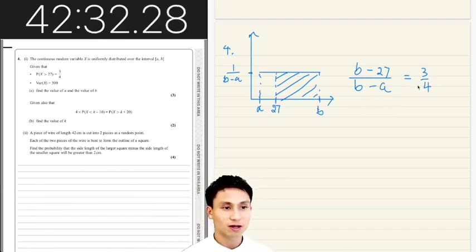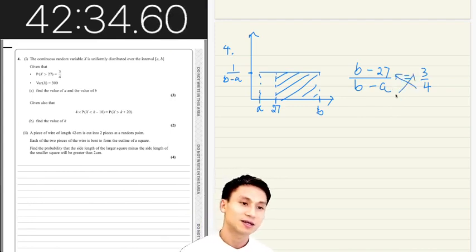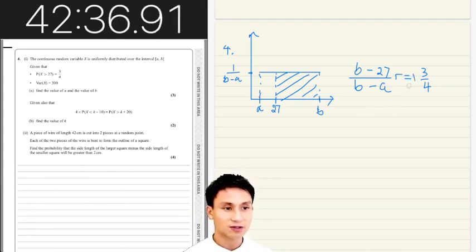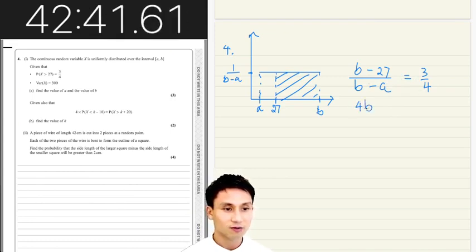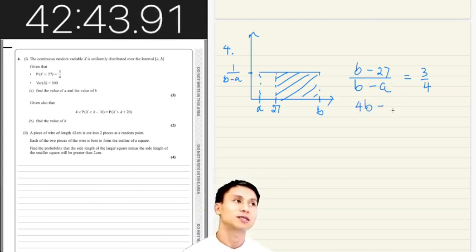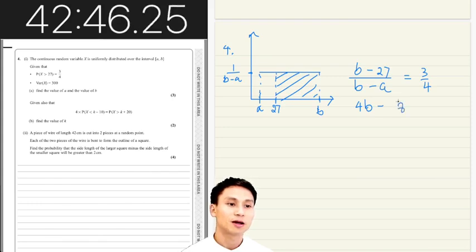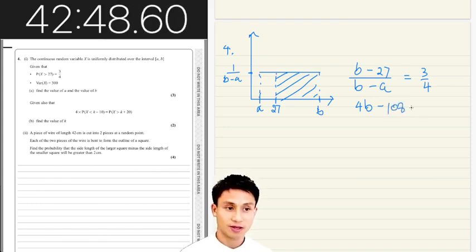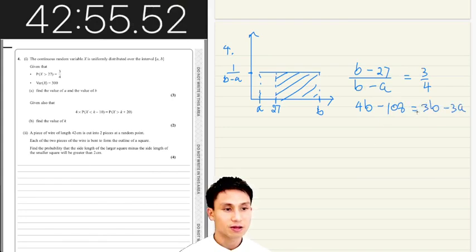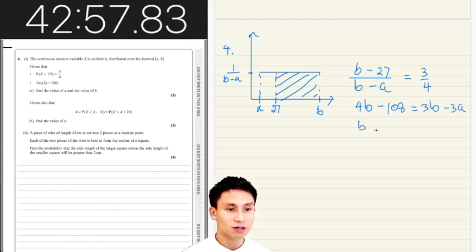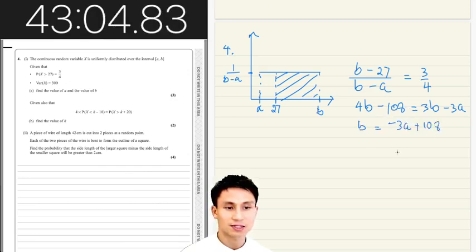So I'm just going to cross multiply here, guys. Very easy technique to simplify the algebra. So 4 multiplying the left part, 4b minus 4 multiplied by 27 would be 108, right? Yeah, equals b minus a multiplying up there, I get 3b minus 3a. So simplifying, b moved to the left, I get b as the subject. 108 moved to the right, I get b equals minus 3a plus 108.